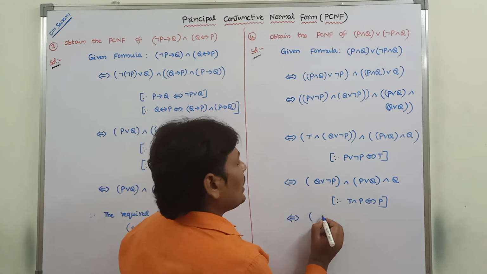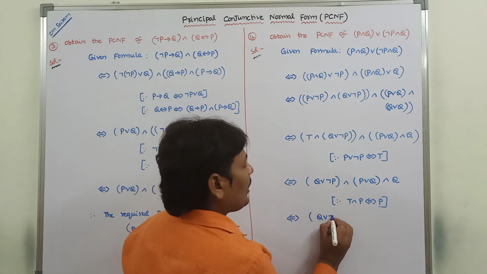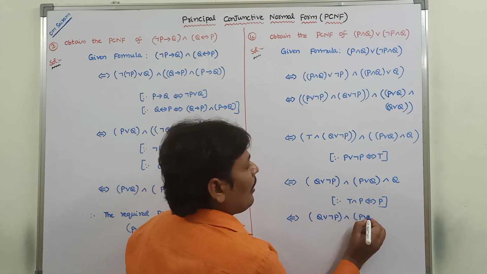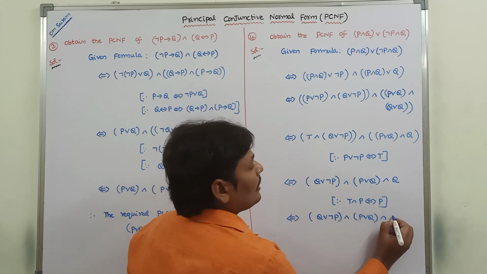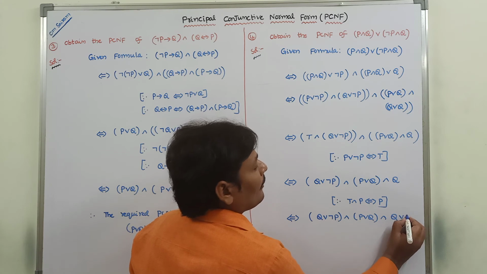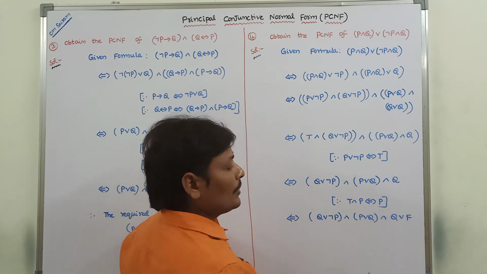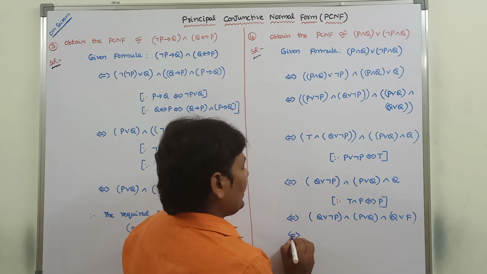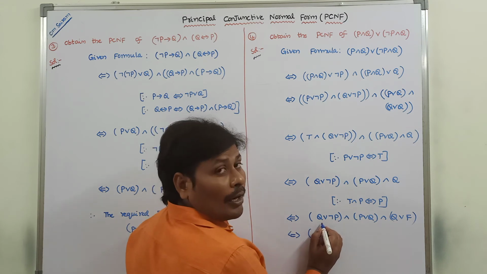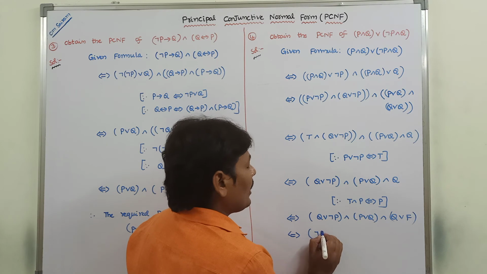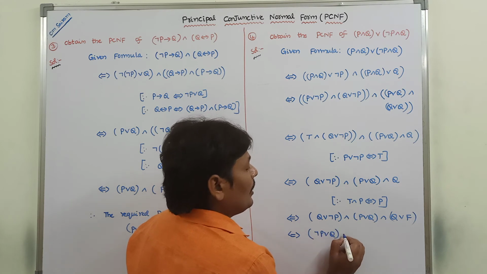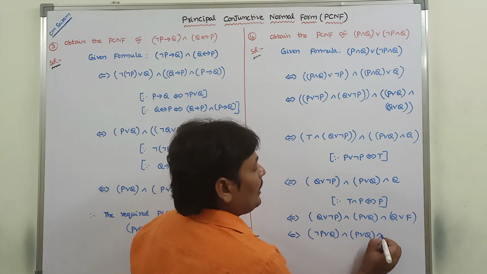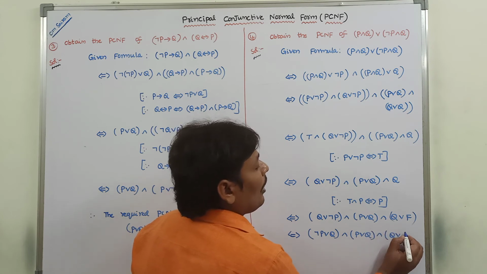So it can be written as Q or negation P and P or Q and Q or false. According to the commutative law, negation P or Q, and this one P or Q, and this one Q or.